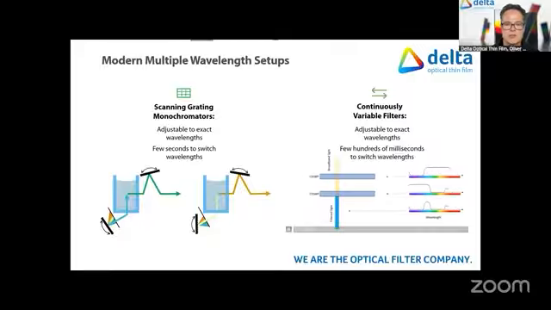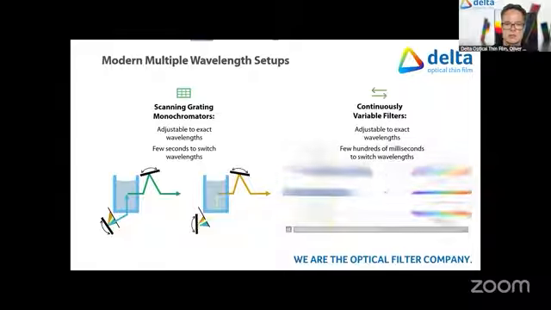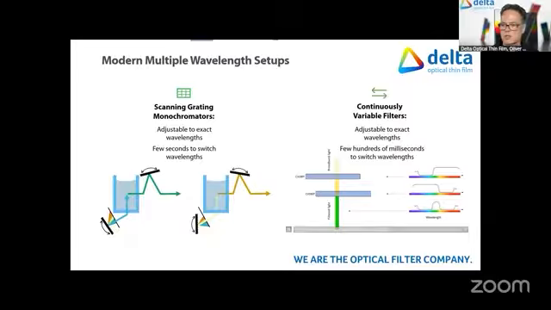I mentioned that's another field we're working in for fluorescence microscopy. It's typically used on the excitation side, and that has the advantage that you can independently adjust center wavelength and the bandwidth, which makes it very nicely possible to adjust the signal strength of the fluorophore you're looking at.